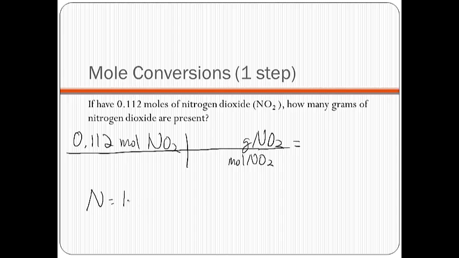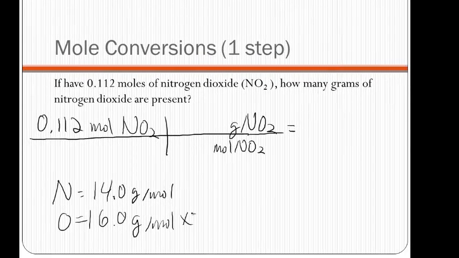Nitrogen on the periodic table, molar mass is 14.0 grams per mole. Oxygen is 16.0 grams per mole. 1 nitrogen, so we don't have to do anything to that, but we have 2 oxygens, so don't forget we have to multiply this by 2.